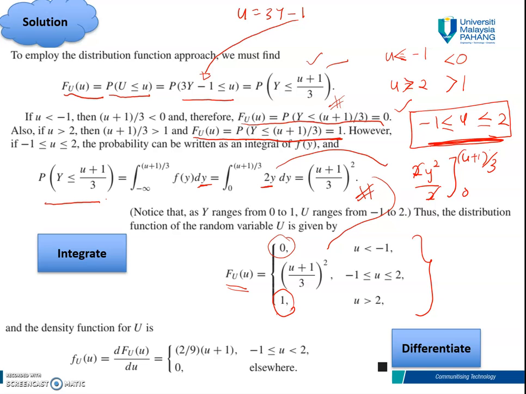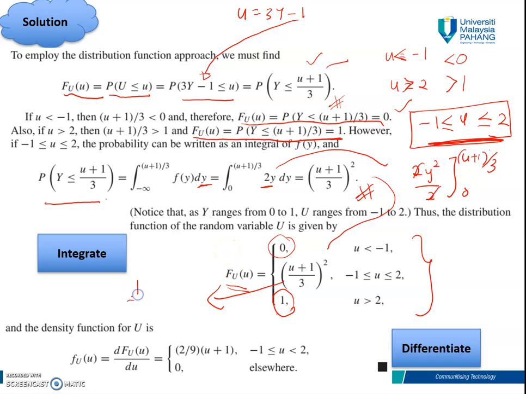And then in order to find the density function for u, you differentiate. The first one is 0 for sure. And then here you differentiate this one, with respect to u, because your variable here is u. You bring the 2 down. This is differentiation you have learned before, but I will just show you.